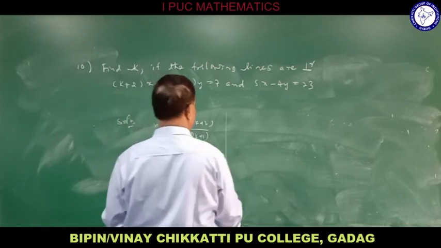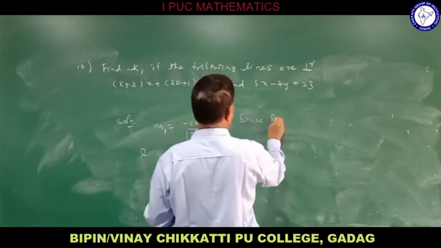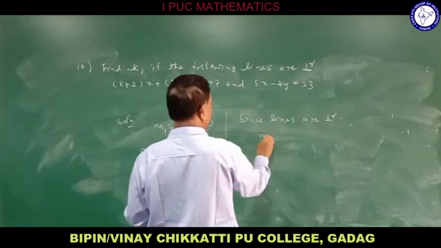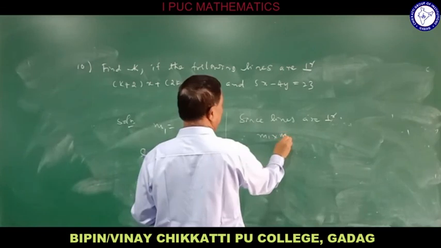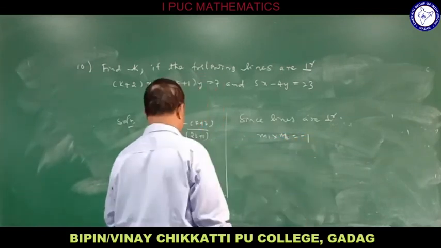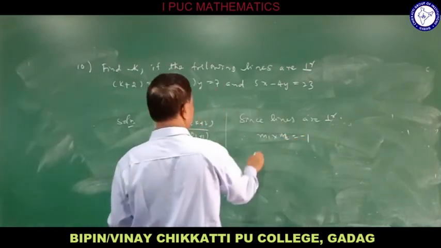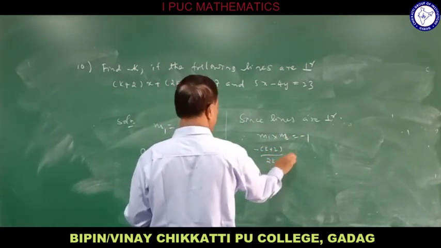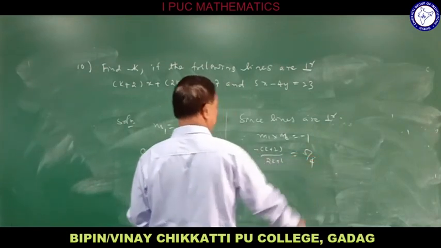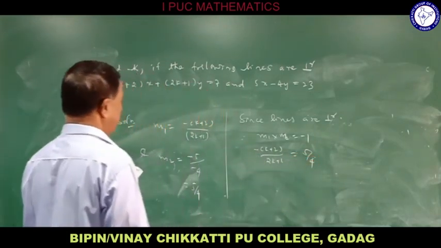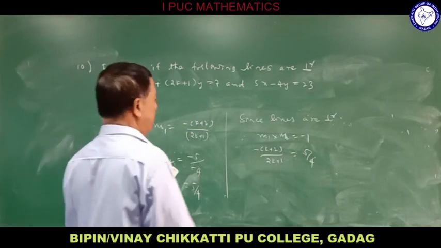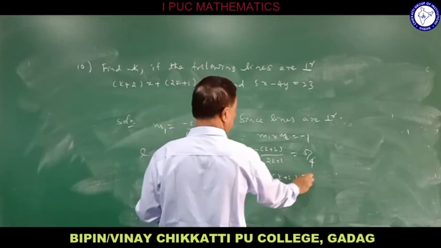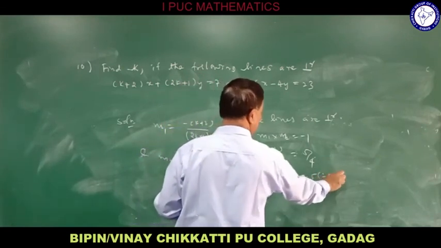Since the lines are perpendicular, M1 into M2 is equal to minus 1. So minus (K plus 2) divided by (2K plus 1) into 5 by 4 is equal to minus 1, which simplifies by cross multiplication to minus 4 into (K plus 2) equal to 5 into (2K plus 1).